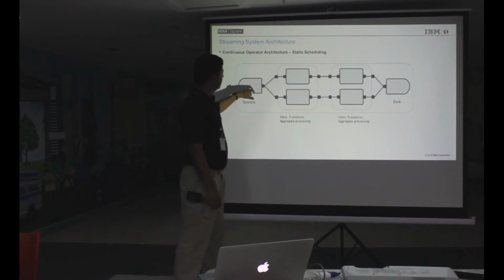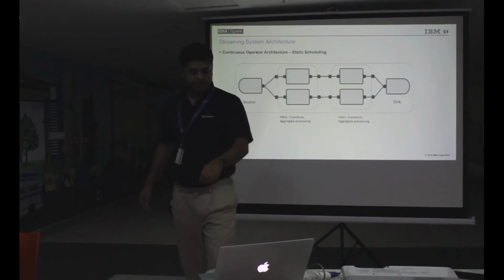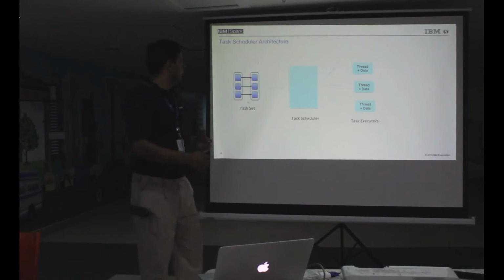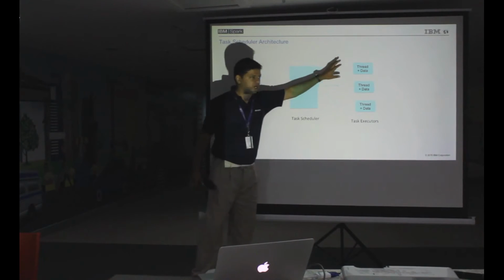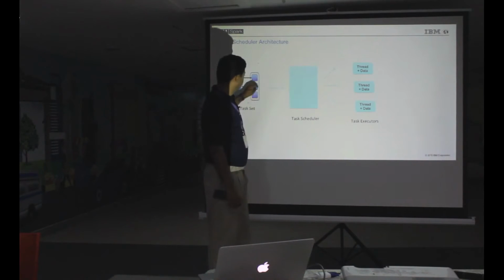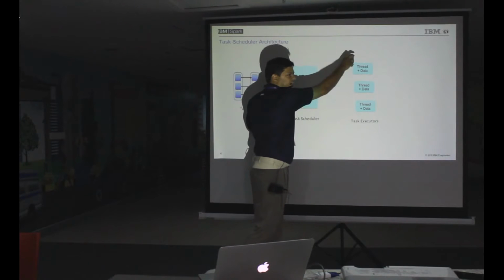As I'll show you on the next slide, this is compared to a task scheduler. Now in the task scheduler, I do have long-running processes, but the data buffer is not just being shipped from one guy to the other.